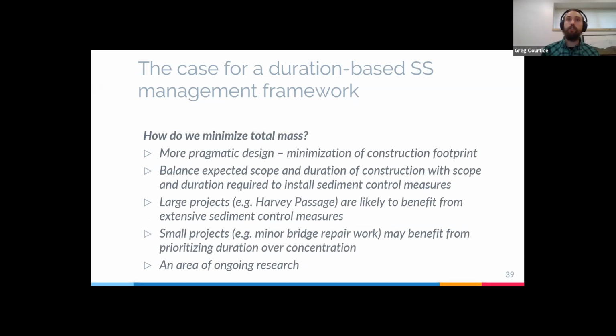So for large projects like Harvey Passage upgrades, or something that's going to take multiple months or multiple years, it's likely that extensive sediment control measures are going to be the proper approach for that project, because the protection from reducing sediment is going to be very important over a long period of time.